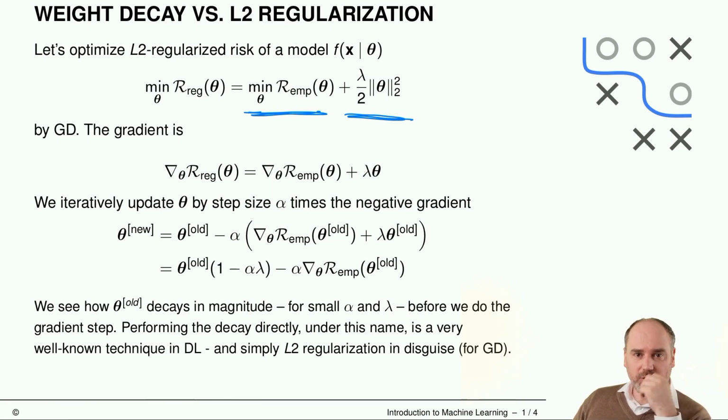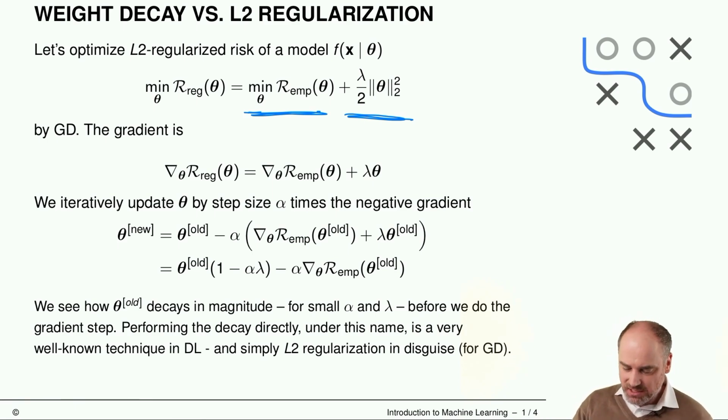And I now want to consider what happens if I optimize that thing by gradient descent. So if I want to apply gradient descent, I guess I better compute the gradient of that thing, the negative gradient, because we know the negative gradient points into the direction of strongest decrease of a function. Gradient itself points into the direction of steepest ascent. So for steepest descent, we have to do a 180 and negate the gradient.